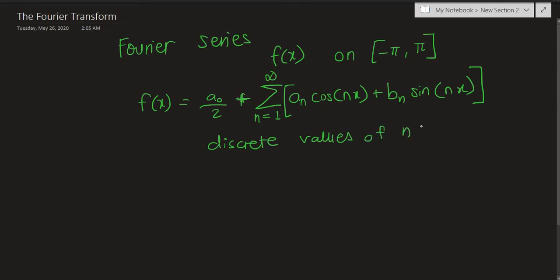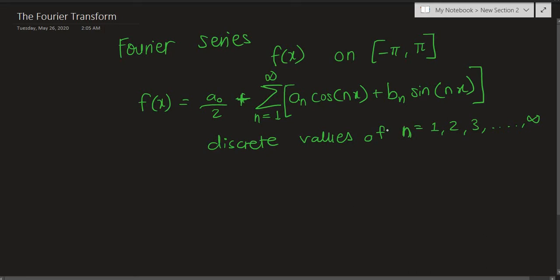So n has to be only 1, 2, 3 and any positive integer until infinity. So you can't have half, or say 7 by 3, or some fraction between the integers. You only have these positive integer discrete values that you can sum over.